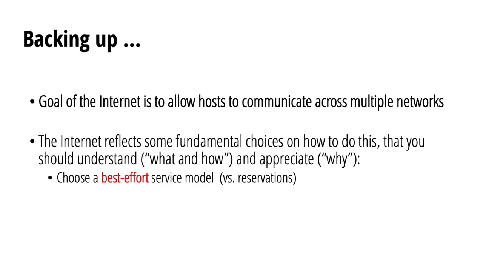Come back to it after you've now understood how things work. So going way back to lecture number 1, we said the goal of the internet was to allow hosts to communicate across multiple networks. You now know how hosts communicate across multiple networks. You know about BGP, you know how money gets exchanged, you know how addresses get configured, about where a network operator goes to get addresses, you know all of that. But come back to: what were some of the underlying design decisions and why did we like them?